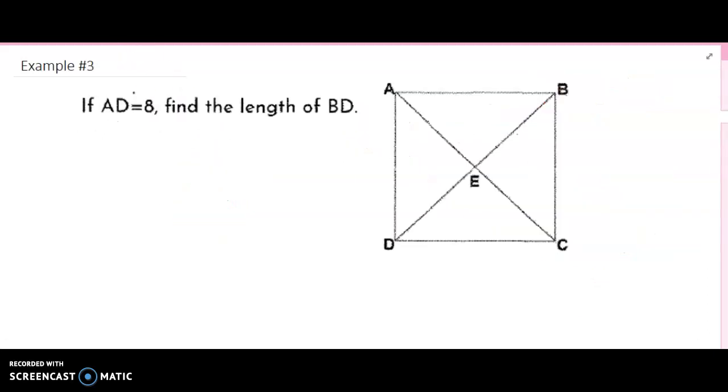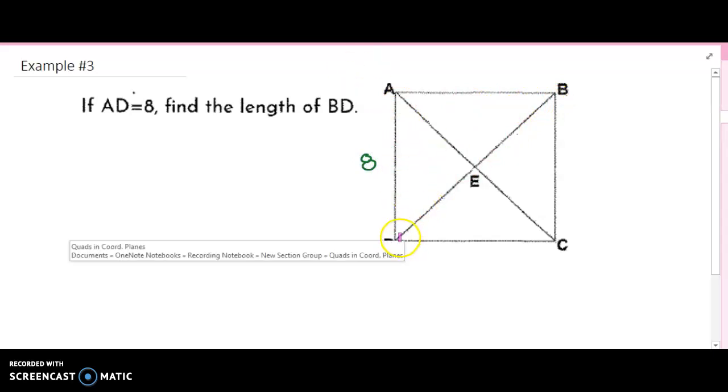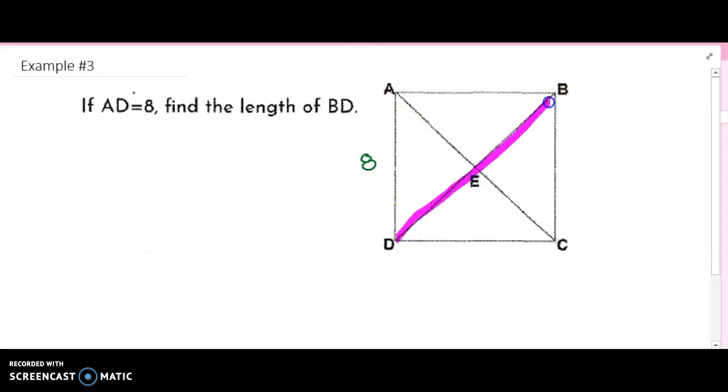All right, let's look at this final example, example number 3. All right, now it says if AD equals 8, find the length of BD. Okay, so we want to find the length of this, but all we know is that AD equals 8. Okay, I'm going to say BD, just to make things easier, I'm going to call it X because that's what we're trying to find. All right, well, I know that since this is a square, it's also a rhombus, which means that all sides are the same.